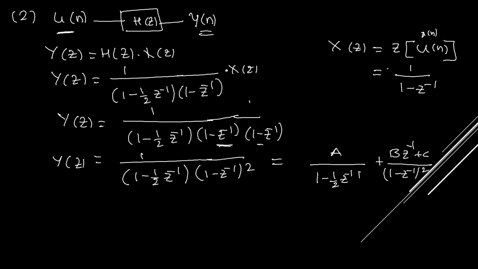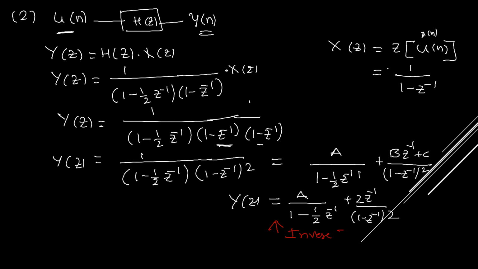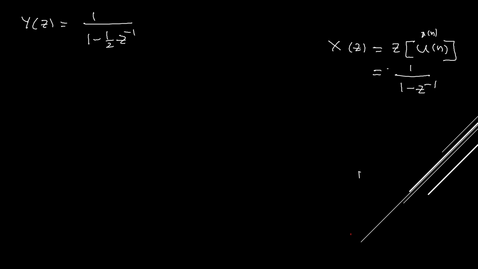If you simplify this, what you'll get is A is 1 by (1 minus 1 by 2 z power minus 1), C is 0, and the remaining is 2 z power minus 1 by (1 minus z power minus 1) whole square. Now this is my Y(z).